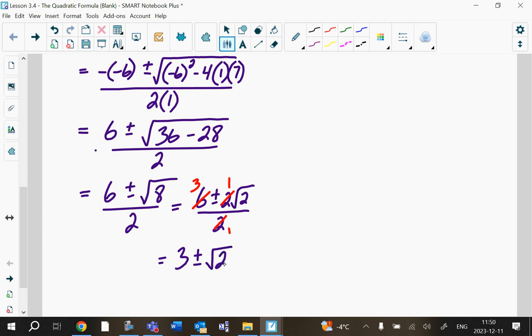Remember, there's 2 answers here. The 2 answers are 3 plus the square root of 2 and 3 minus the square root of 2. When we use the quadratic formula, we're using 2 answers. That plus minus tells us.